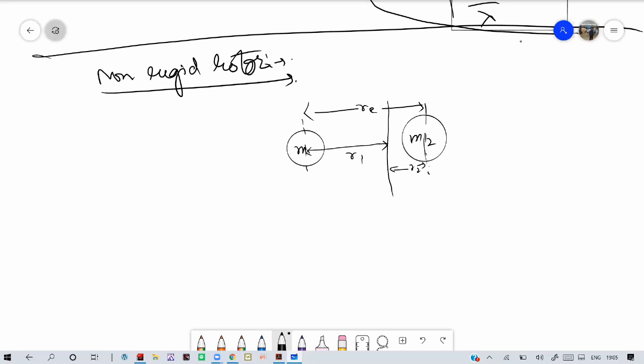And now it is not fixed, as in the previous case of the rigid molecule. So in this case, the distance R is not equal to RE, the equilibrium distance.